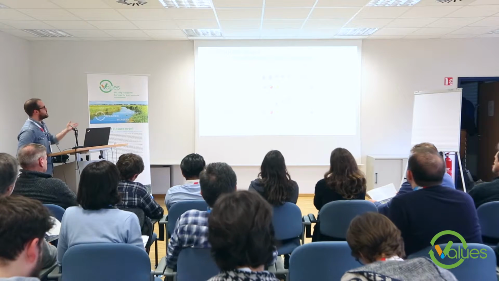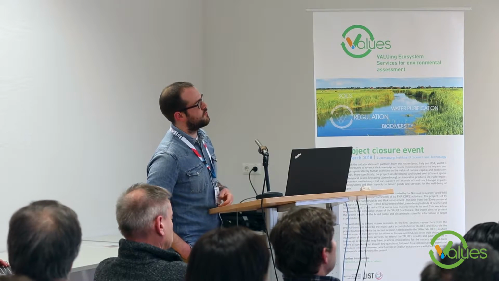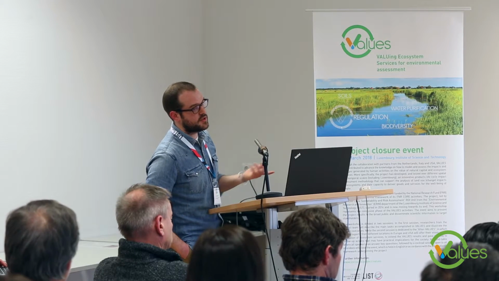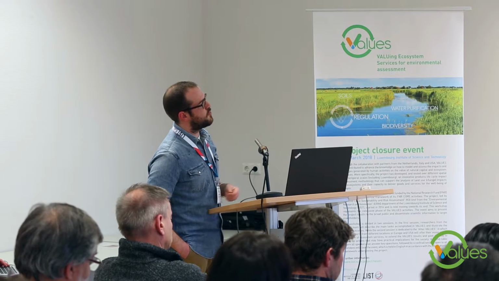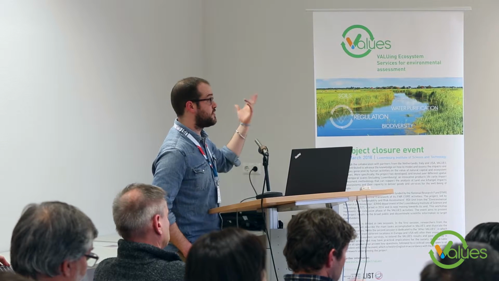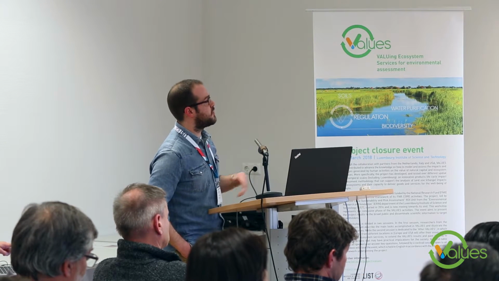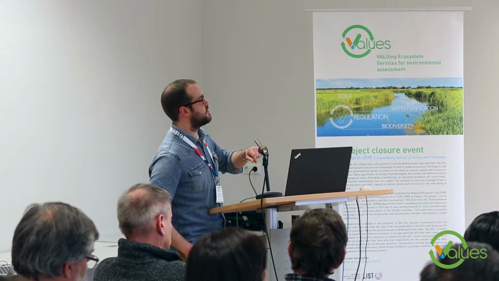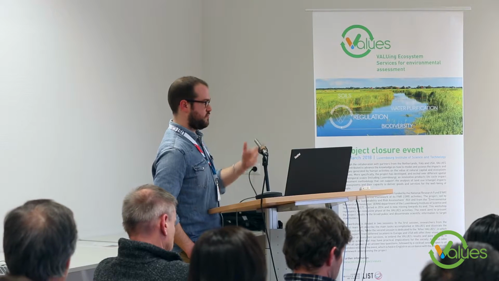And here we can see that forest is overall very beneficial in terms of what we would consider regulating services, pollination and carbon sequestration, while grassland and cropland are large, important providers of provisioning services, crop and meat, but can have potentially high impact on regulating services, notably cropland, which can be damageable to CO2.